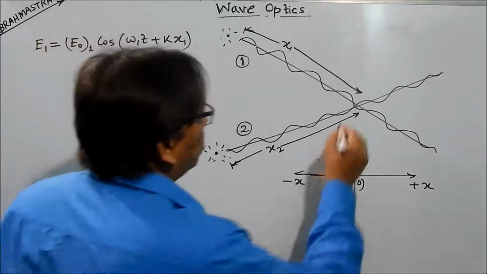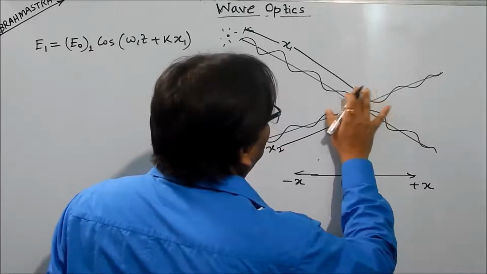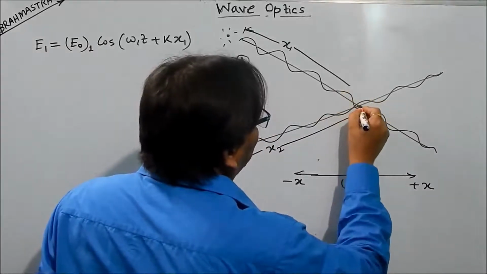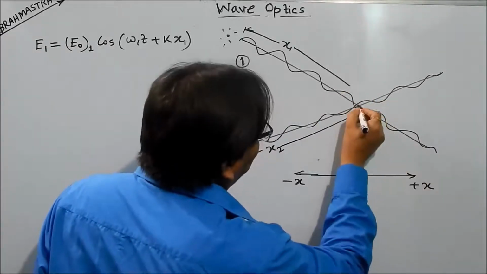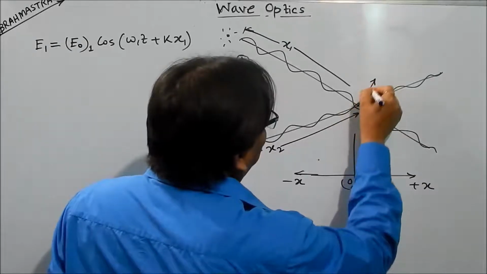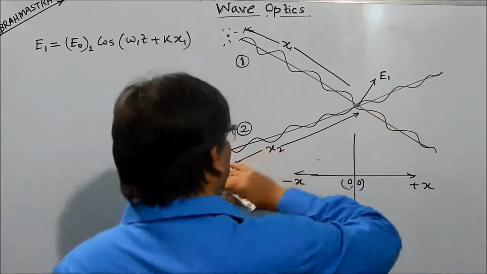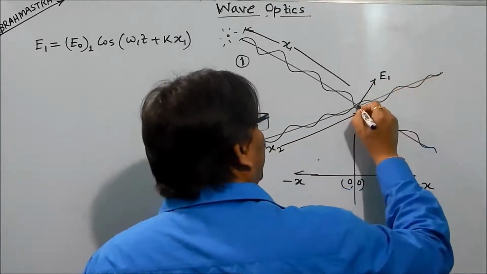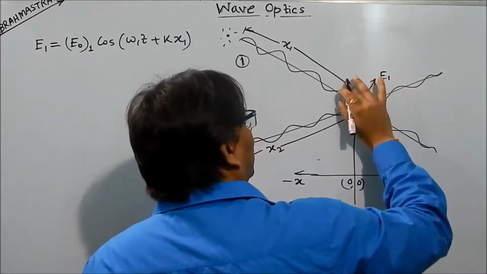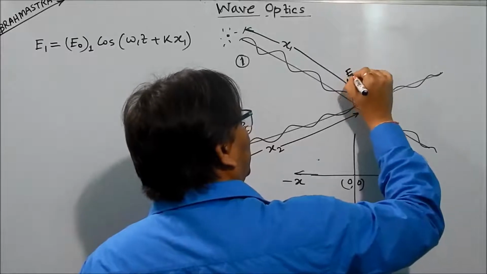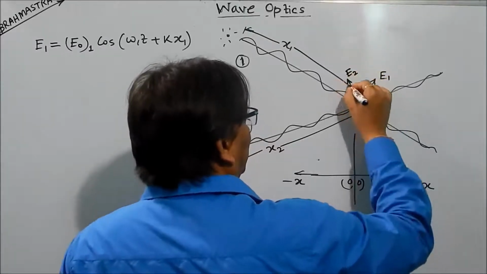The amplitude will be perpendicular to this line, so perpendicular to this line will be like this. So this is suppose E1, and this wave is passing through this, so it's perpendicular, and this will be the component E2, the electric field component.